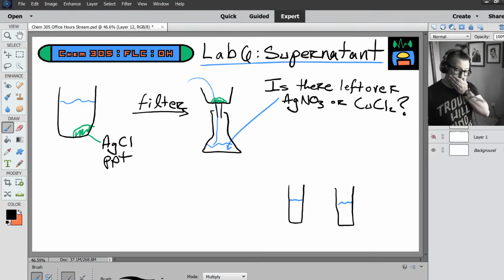All right. Is there leftover silver nitrate or copper chloride?